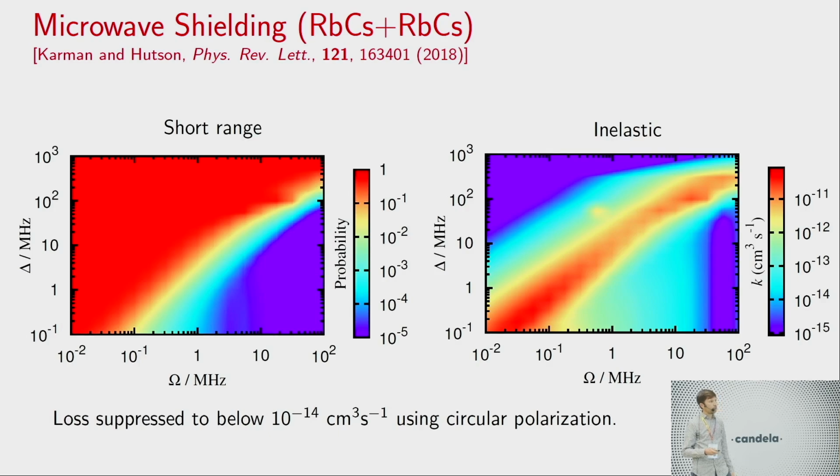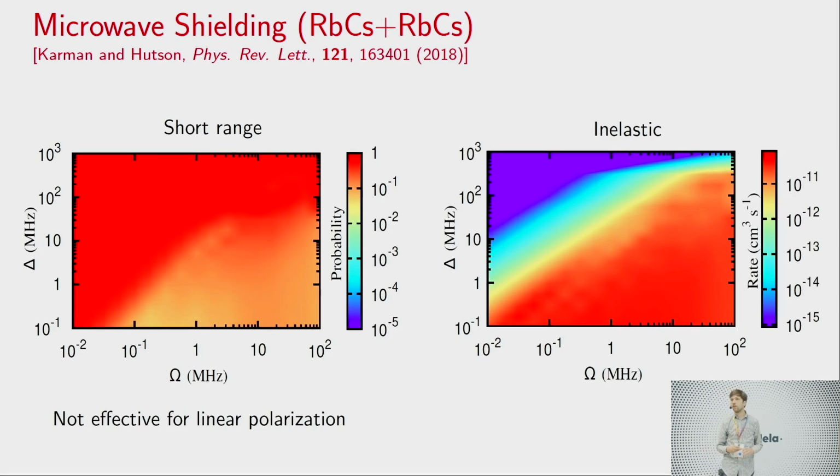This can be done using circularly polarized microwaves, and if you use linear polarization, you see no suppression of collisional loss. So before anyone actually tried to implement this, of course, people started asking, well, if it works for circular polarization but not for linear, then exactly how close to circular do I need to be?